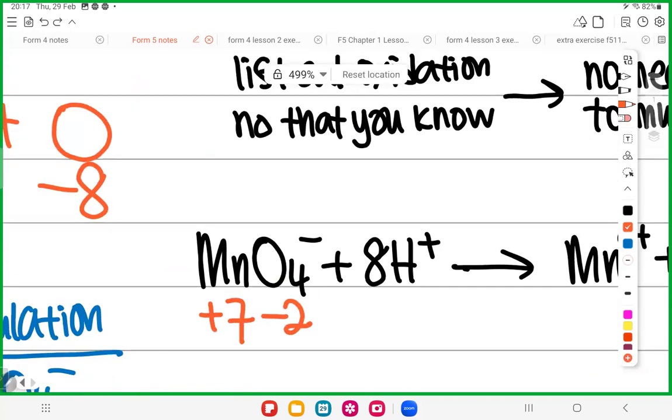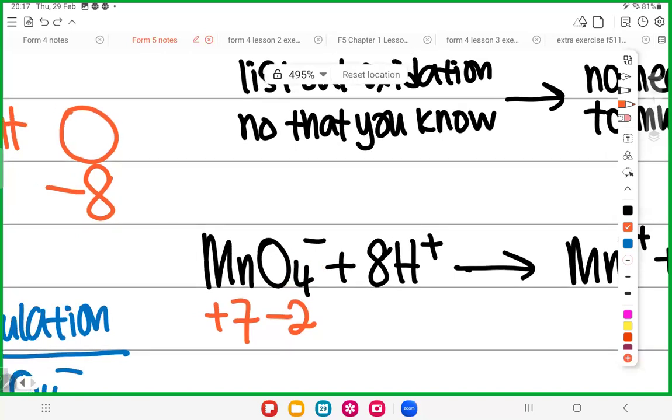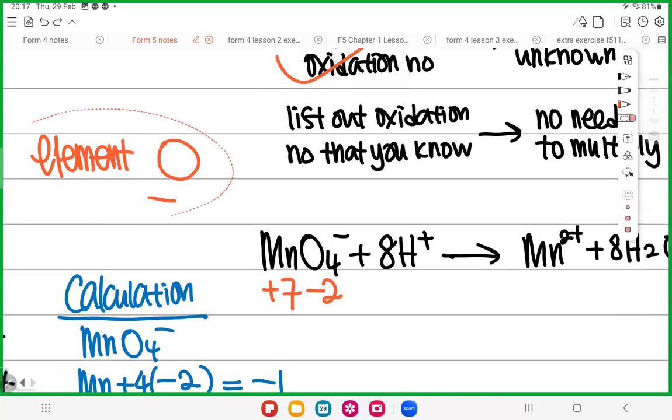In this case, do we know the oxidation number of oxygen? Yes, I know it. So since I know the oxidation number, why do I need to do multiplication? No need, so you don't need to times 4 here to become -8. Let me know in the chat box, are you okay with this? I want you all to know why you couldn't do that.